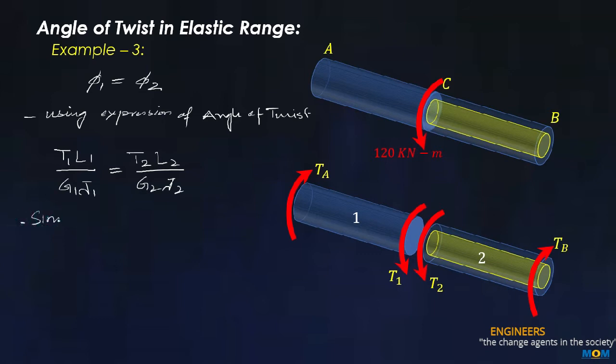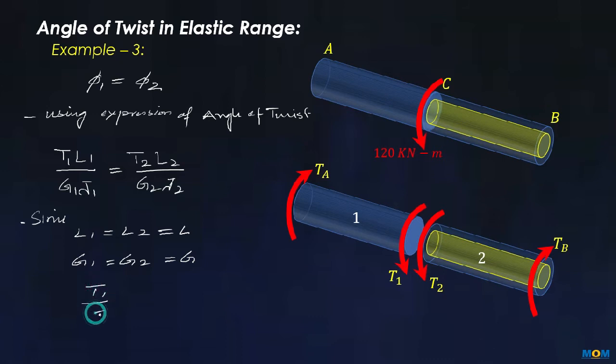Since L1 is equal to L2, let's say L, and G1 is equal to G2, let's say G, we can write this as T1 upon J1 equal to T2 upon J2.